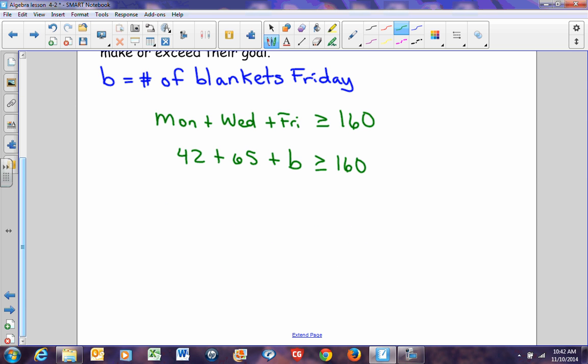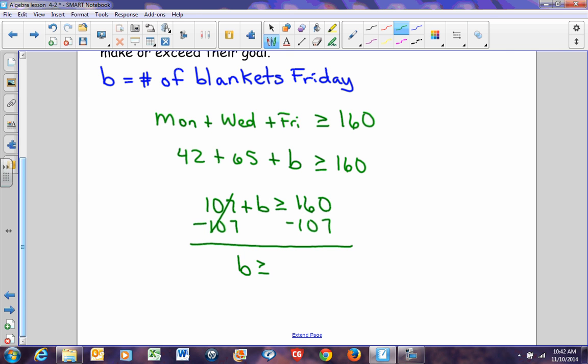So if we add 42 and 65, we will get 107. So 107 plus B is greater than or equal to 160. Subtract 107. These will cancel out. B has got to be greater than or equal to 53 blankets. Since this is a word problem, we need to write the answer in a complete sentence.